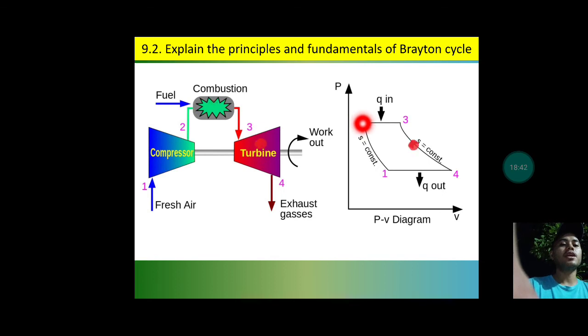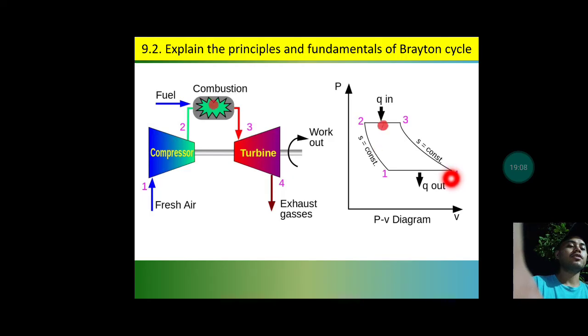And then 2 to 3, that is where fuel is injected and combustion occurs. So the gas will expand, so volume increases, and those expansions will turn the turbine, that is 3 to 4. The turbine will rotate, the pressure will decrease while the volume continues to increase, expanding outside the turbine.